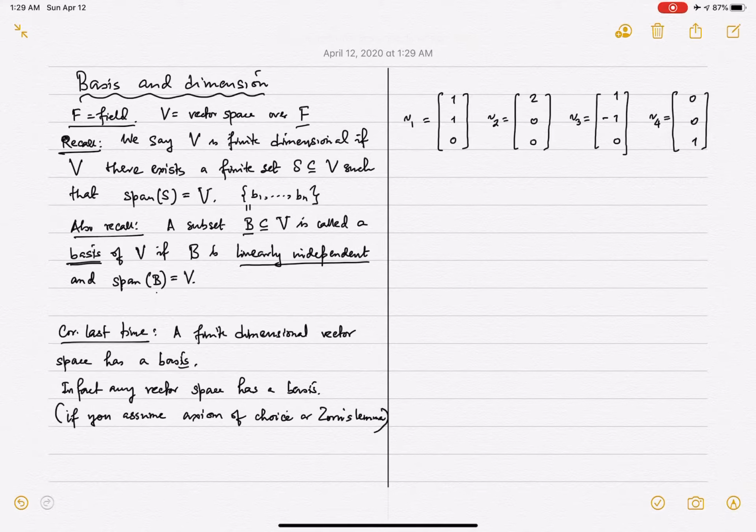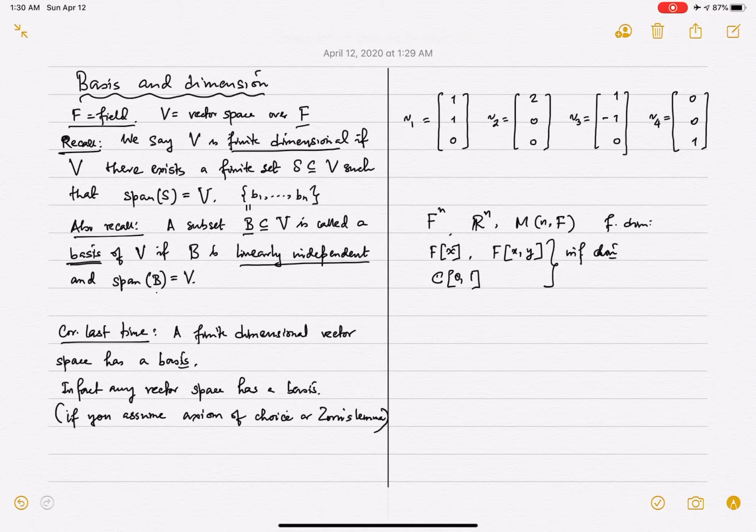By the way, on this finite dimensionality, if you take F^n, like things like R^n or n by n matrices with coefficients in a field, these are finite dimensional. Whereas if you take the polynomial ring in one variable or a polynomial ring in two variables, these are infinite dimensional. Or in the real case, maybe you take continuous functions on [0,1]. These are infinite dimensional.